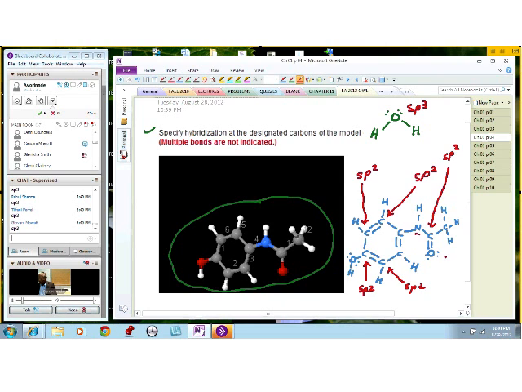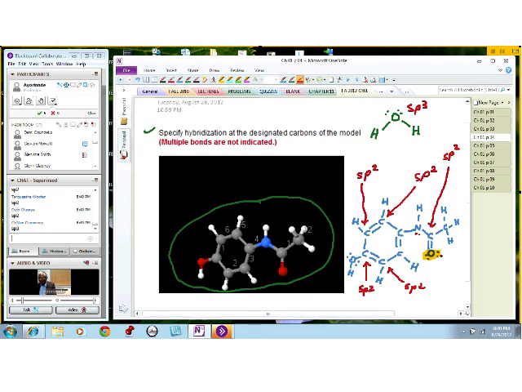Now, what is the hybridization of this oxygen here? Excellent. That is an sp2 hybridized atom.